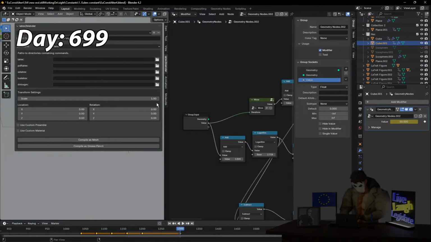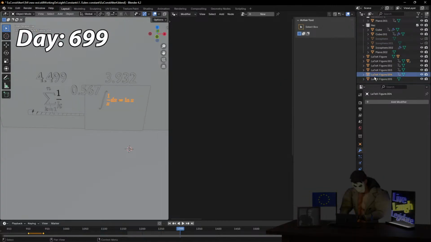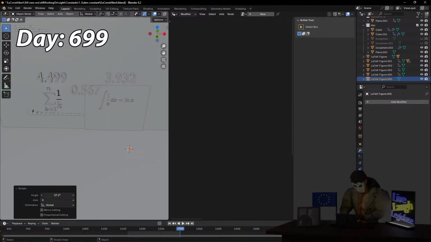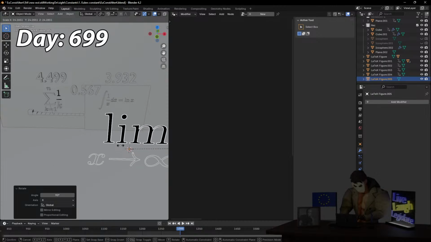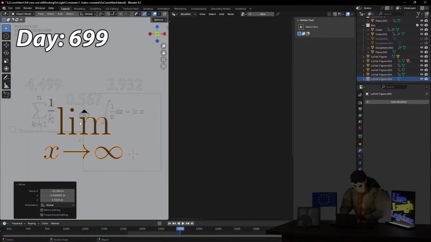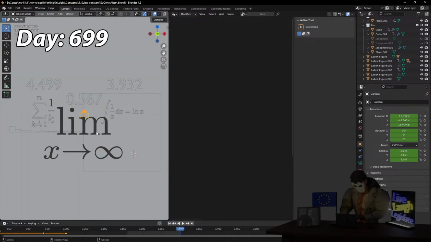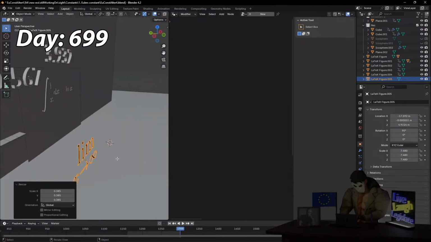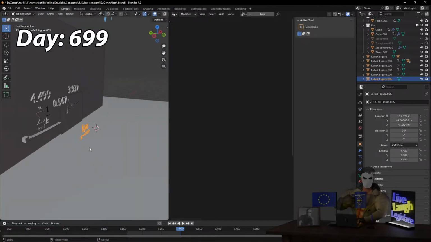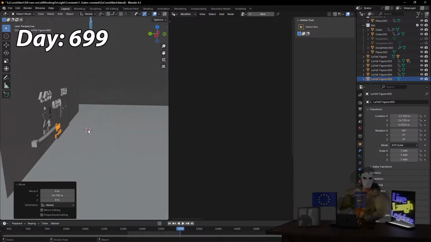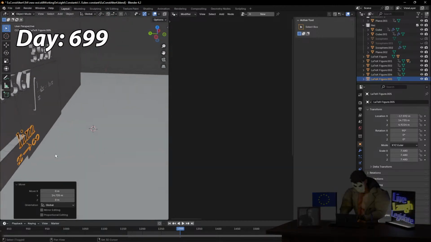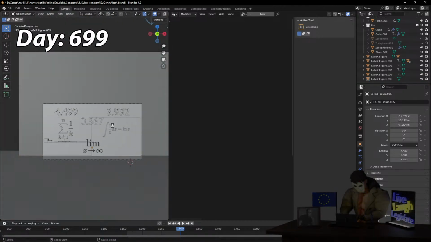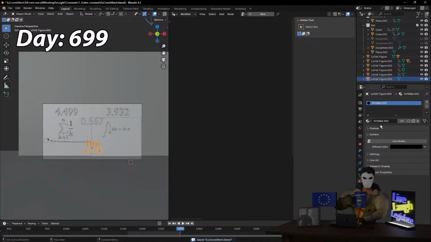Always happens. Compiler's mess. There we are. And this also will be red.